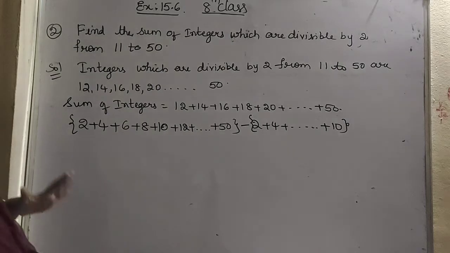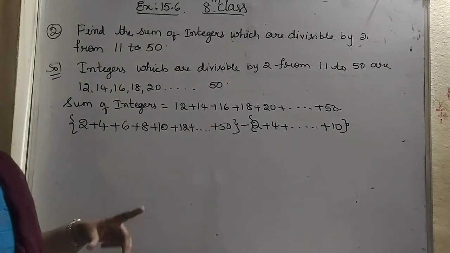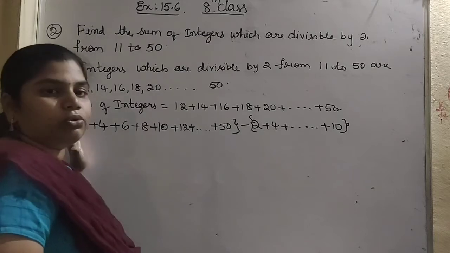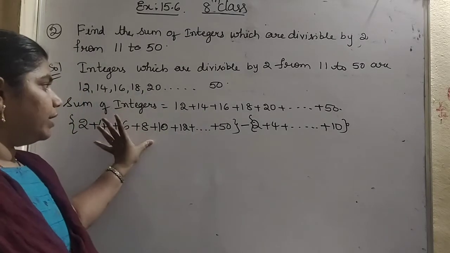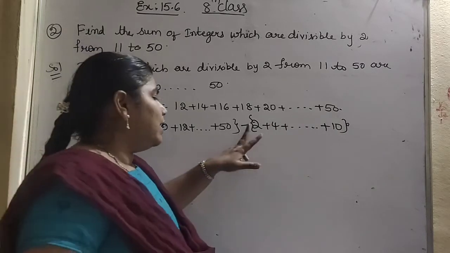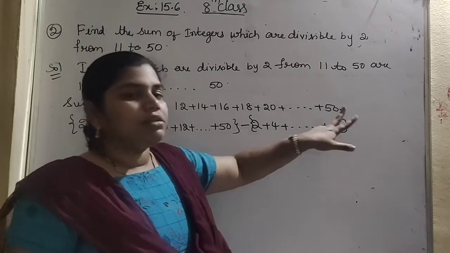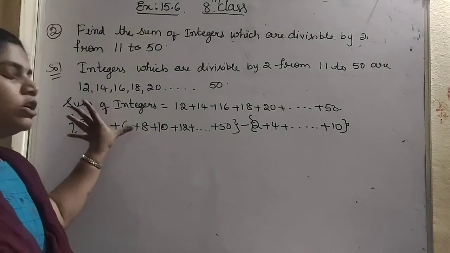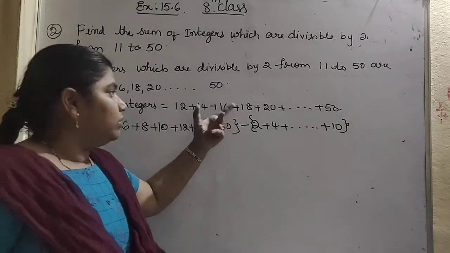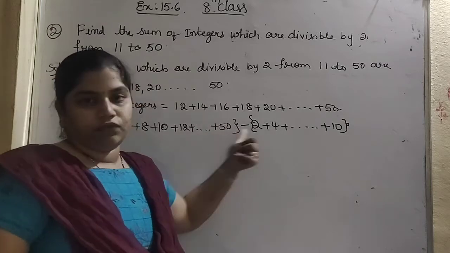Okay, understood? So with the numbers which are divisible by 2, I am writing from 2 to 50. From that I am subtracting the values. Which values am I subtracting? That is 2, 4, 6, 8 and 10 I am subtracting from this set. So what will be the remaining numbers? That will be this again. So this set I wrote in this form.